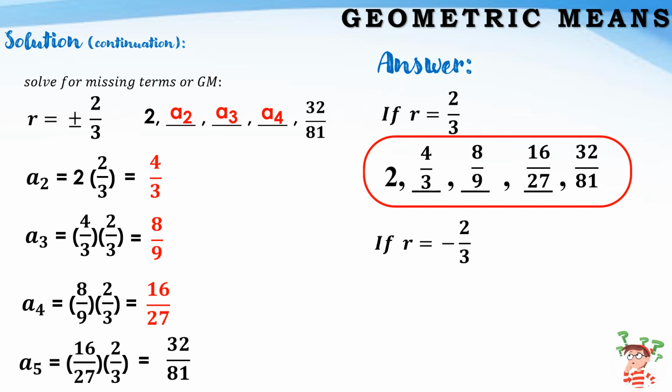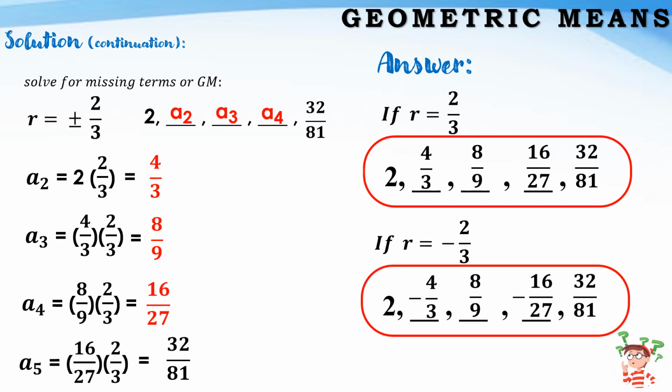Kung ang ating r naman ay negative 2/3, ang ating sequence ay 2, negative 4/3, 8/9, negative 16/27, at 32/81. Multiply lang natin yung mga signs kapag negative.